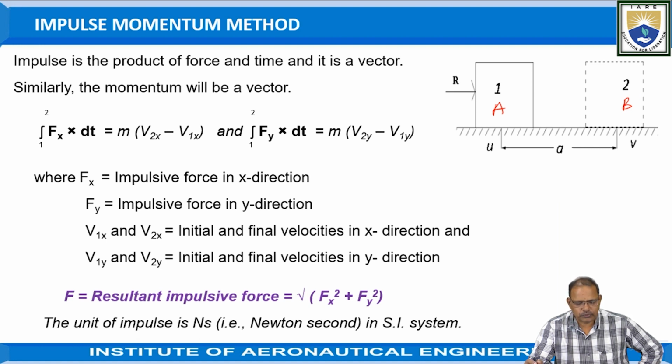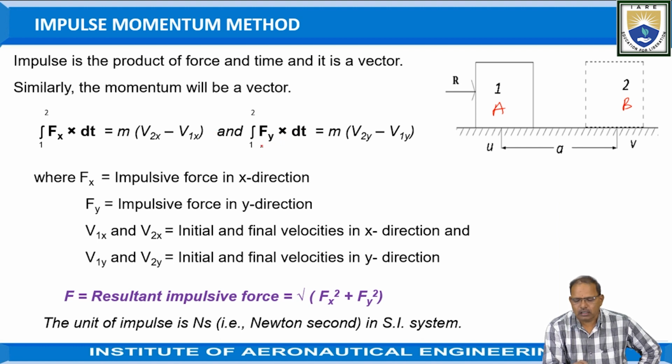Let V1x represent the velocity of the body initially, and V2x the velocity of the body at position B. According to the impulse momentum equation, the integral of Fx dt from point 1 to point 2 is equal to the change in momentum. M is a constant, so we take M times V2x minus V1x.